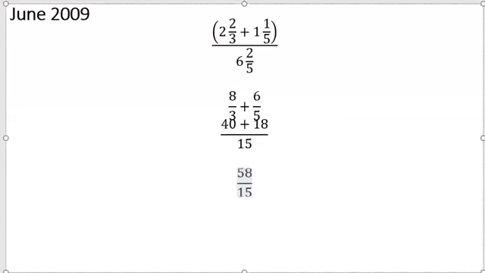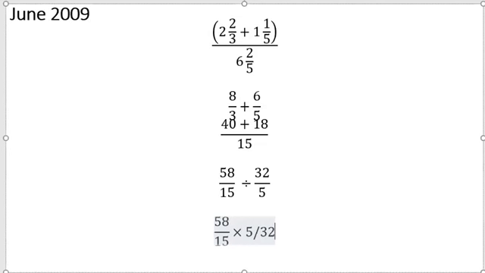So that is the answer for our numerator fractions, and that is divided by 6 and 2 over 5, and we're changing our 6 and 2 over 5 to an improper fraction. So we have 6 5s 30 plus 2, 32 over 5, and following the same procedure again, we now say 58 over 15, change our division sign to multiplication, and then flip the fraction that follows.